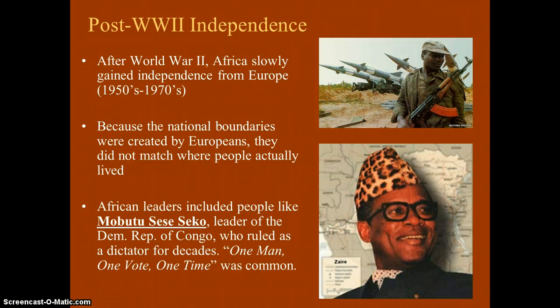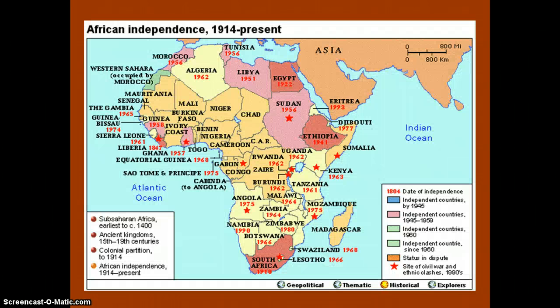One man, one vote, one time was common. Okay, and this is a map of African independence from 1914 to present, showing when the various countries got their independence. As you can see, a good chunk of them got it in the late 1950s to the 1960s.